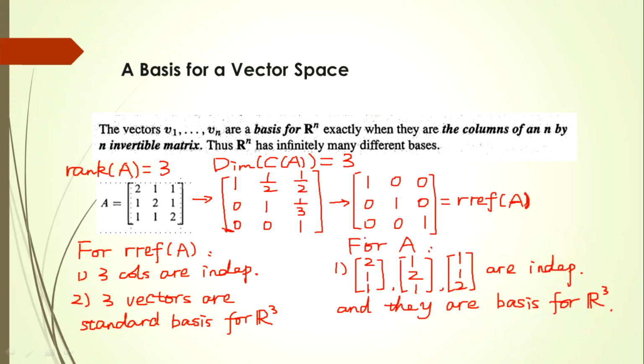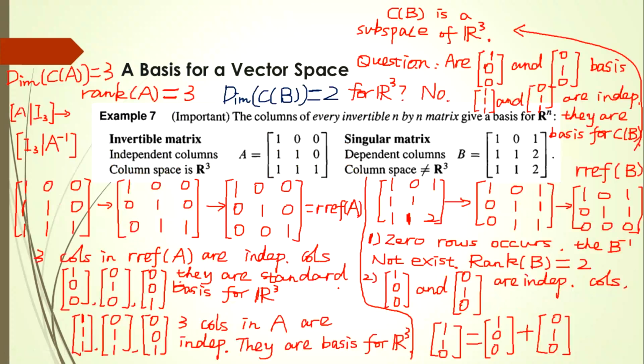Those 3 columns are independent and they are a basis for R3. This A inverse exists, so those 3 columns, 1, 1, 1, 0, 1, 1, are a basis for R3.